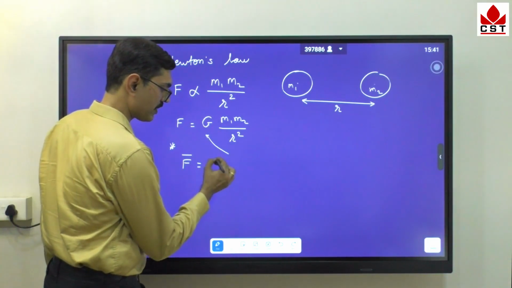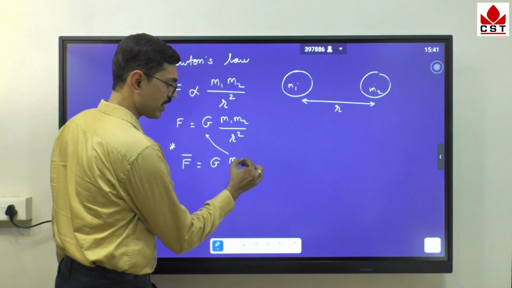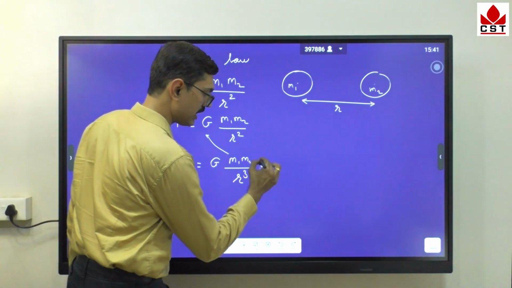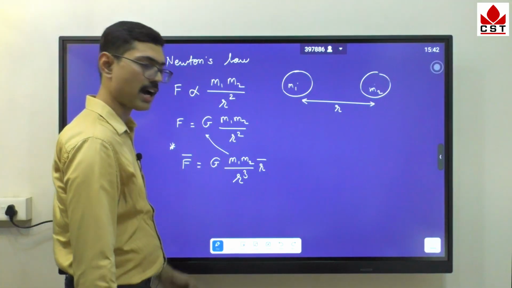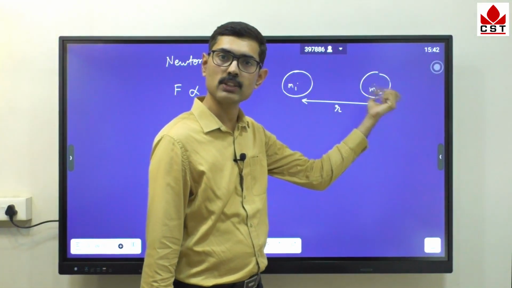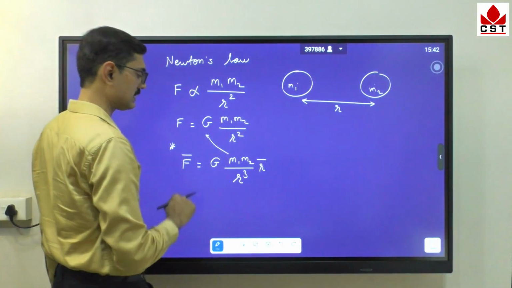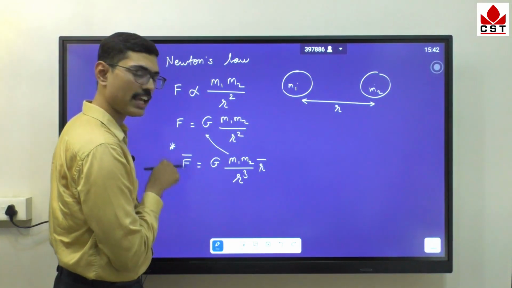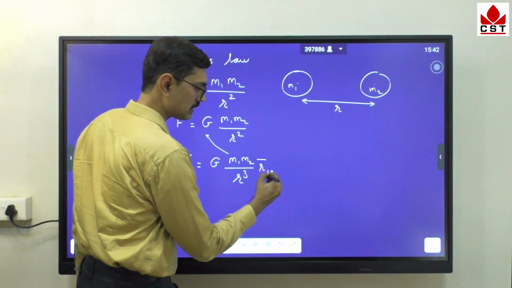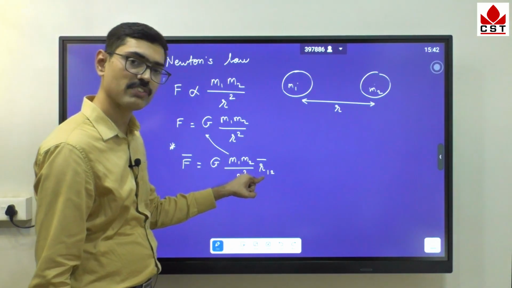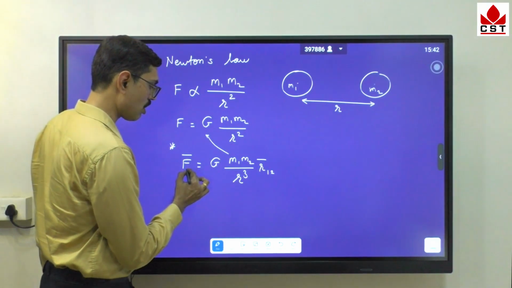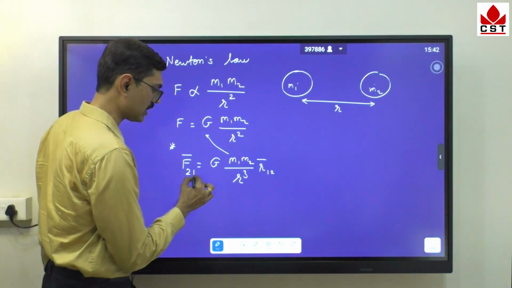So remember that vector form: G m1 m2 upon r cube, times the vector r bar. R bar is the distance taken from first to second or second to first. Depending on that distance, we can change that F also. If the distance is measured from first to second, then the force is acting on the second due to the first.